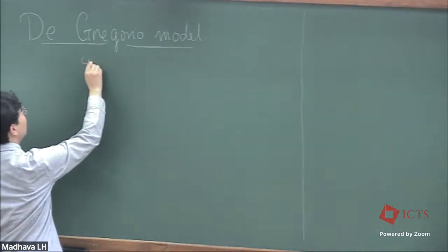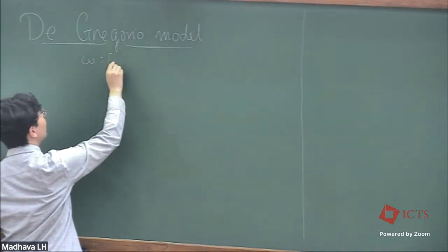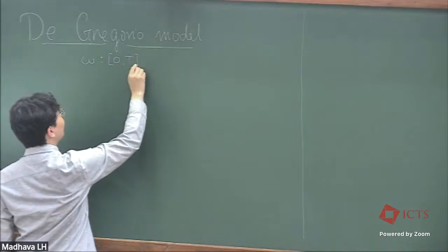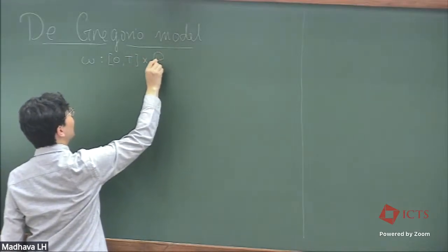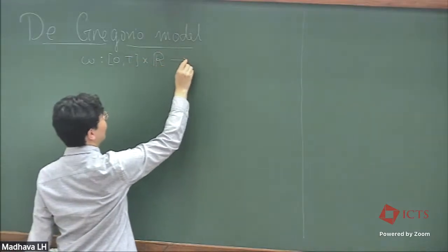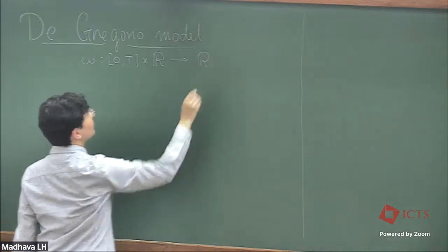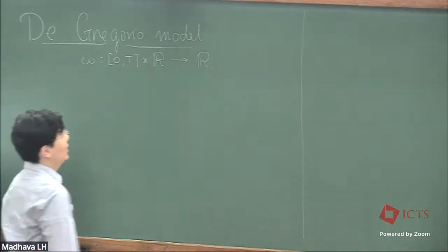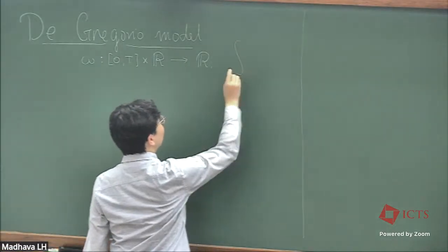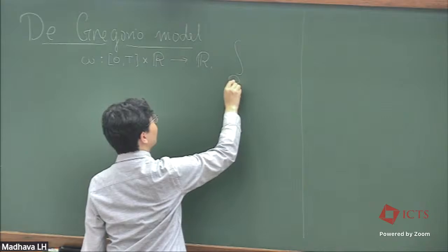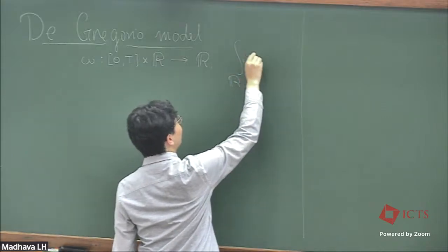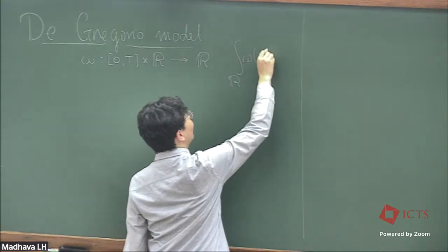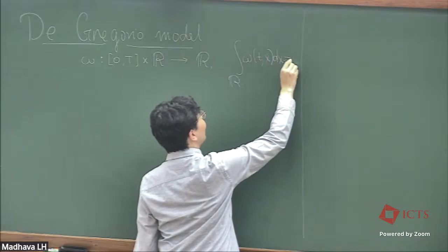Now omega is a function depending on time and space. And now the space is just the real line. And for some reason, I will assume that the integral in space of omega is 0.